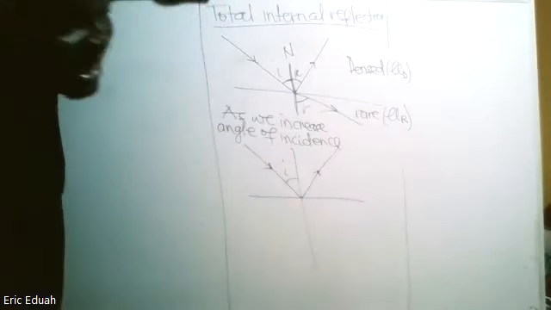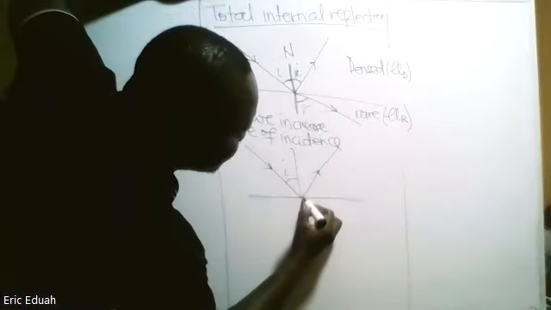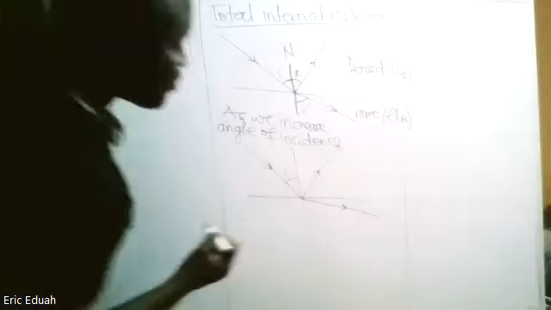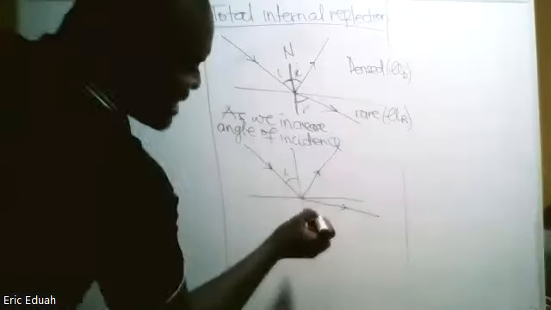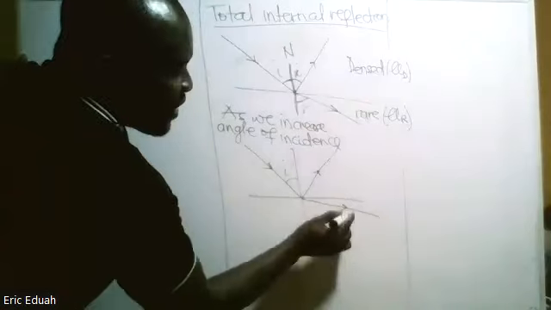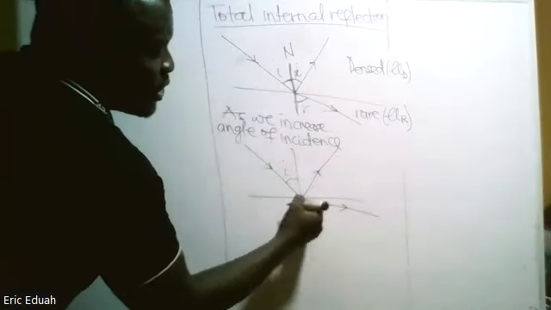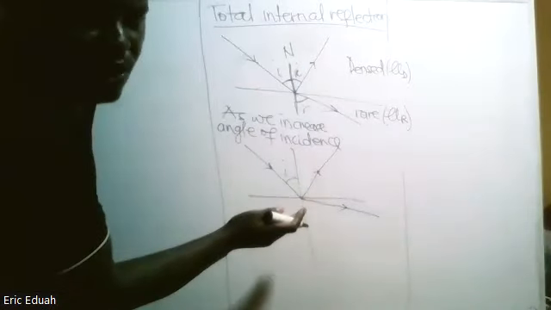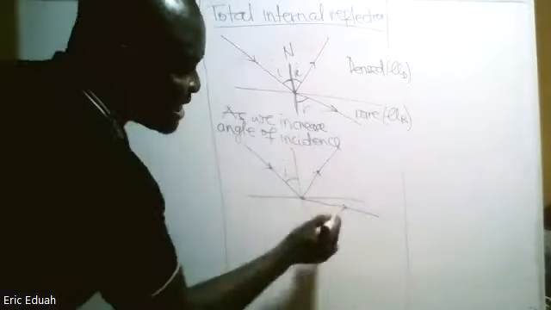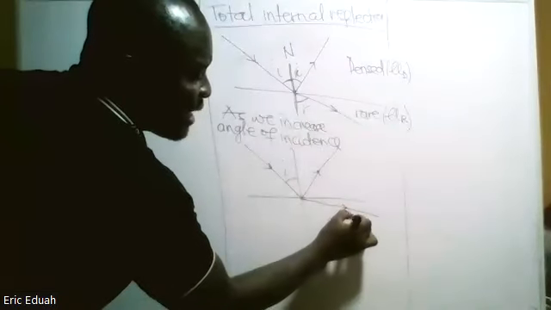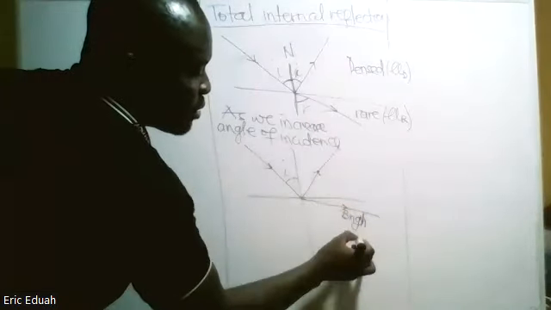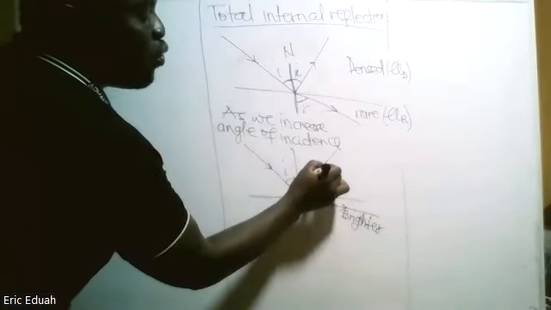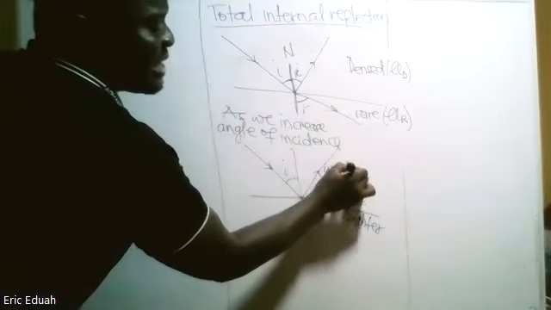You realize that the refracted ray bends towards the normal the more. As you increase the angle of incidence, its intensity will be brighter, whereas the reflected ray is weaker in terms of intensity.